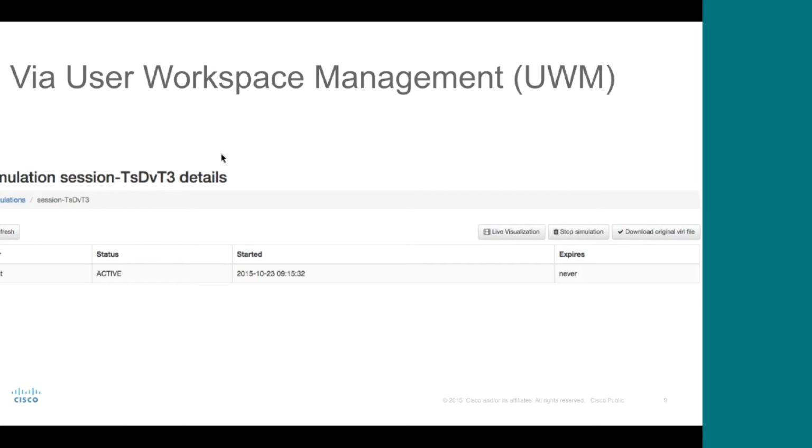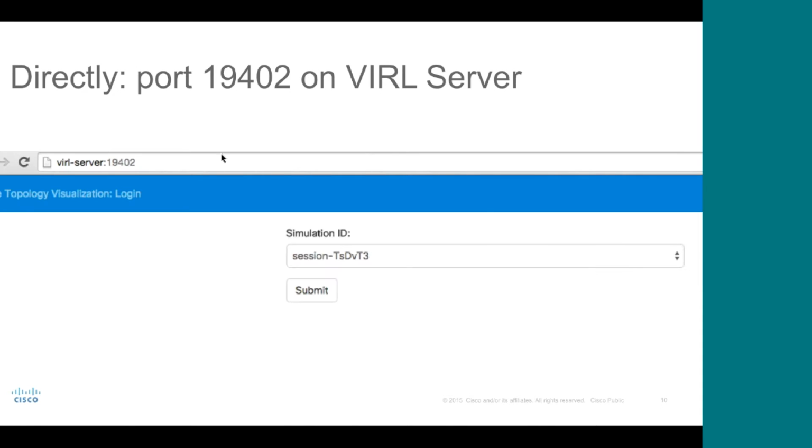You click that and that will launch it through. Or you can go directly to that. It's sitting on port 19402 and it'll just ask for your username and password. If you just put in your usual username and password that you would use for configuring in VM Maestro or configuring in the user workspace management, and then log in, that will present you with a list of the available session IDs for that user. Then you can select from there and it will flow through. So there's 3 methods to get them through.